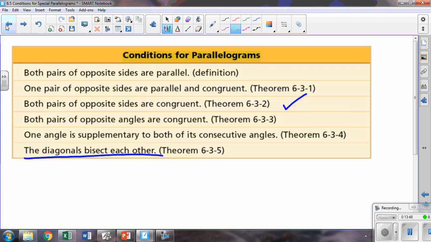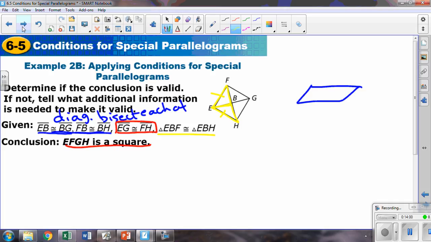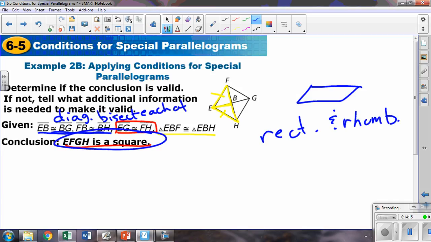Which then gives us a pair of consecutive sides being congruent when we already had the parallelogram. So these observations in the yellow tell us it's a rhombus. Well, since it's both a rectangle and a rhombus, that makes it a square. So yeah, that is a valid conclusion.